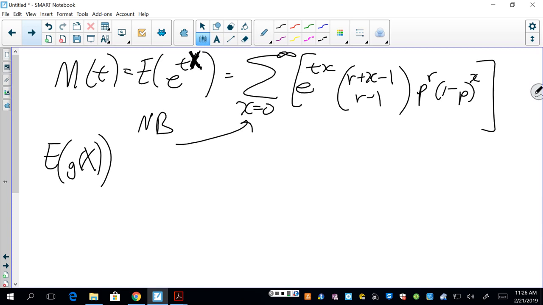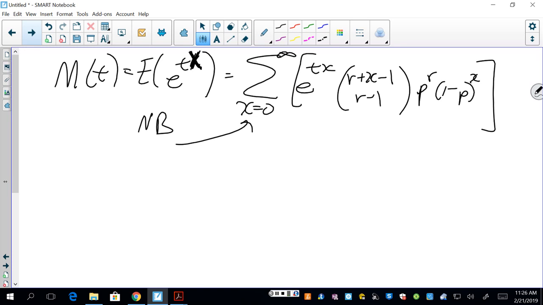Whatever that function is, that gets put in here, and then you put the probability for that x outcome over there, right? Or the volumes of trees, in any case, that's kind of what you would do.